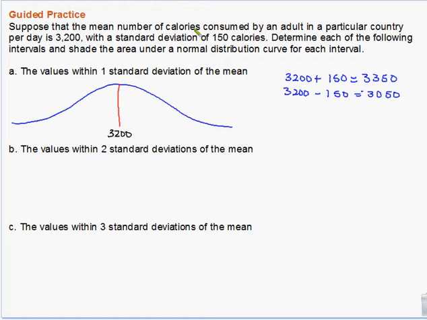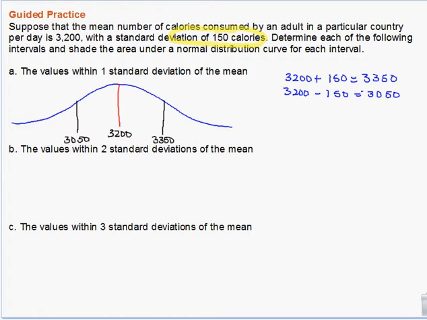Again, what we're subtracting is this right here. So our next two values, where most of the data is, the fattest part of the curve, are going to be 3,350 and 3,050.